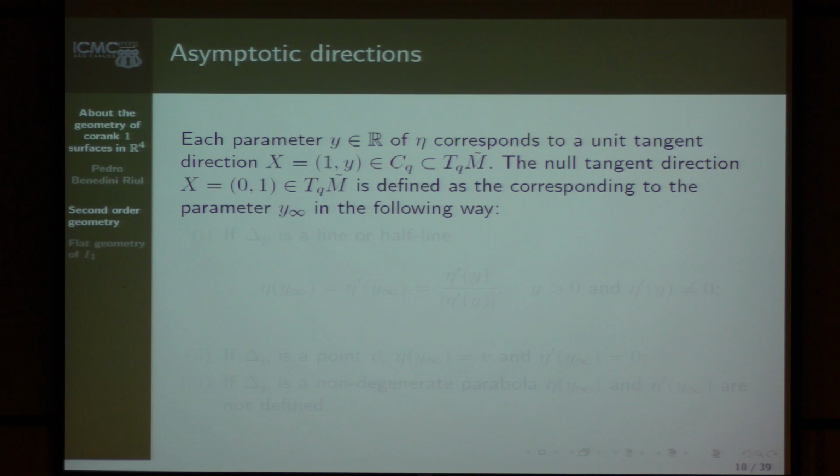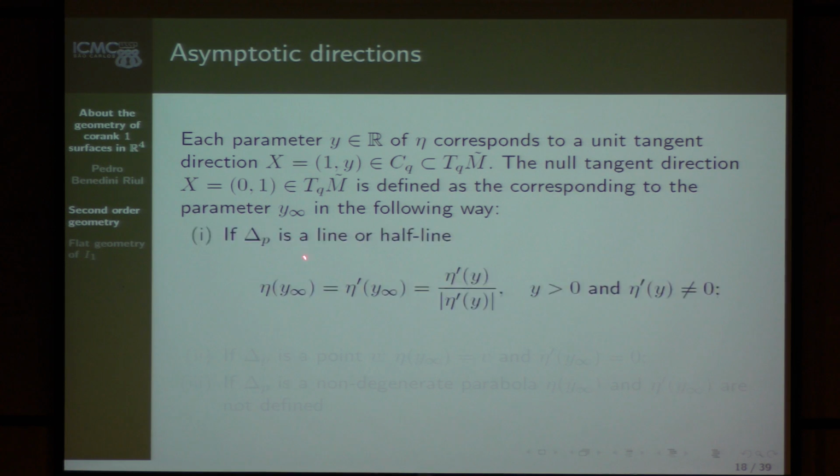I must say that this concept of unit is based on our definition of the pseudometric induced by the first fundamental form. And we'll define the null tangent direction x equal to (0, 1). It's defined as corresponding to the parameter y infinity in the following way.